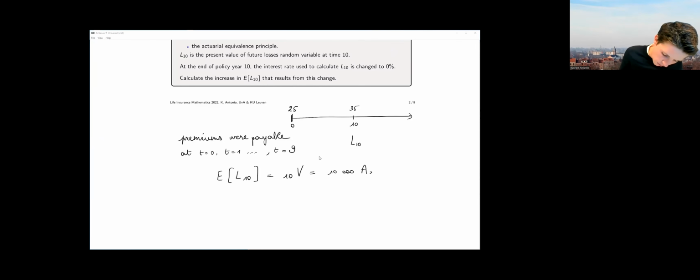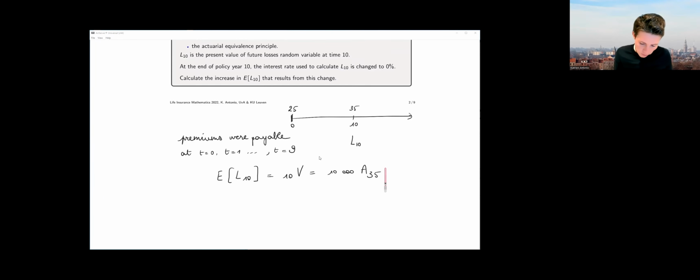So it's going to be 10,000 A35. Why is it A35? Because Jacob has now reached age 35, he's still alive. And then this A35 expresses the expected value of the future benefits on this contract.